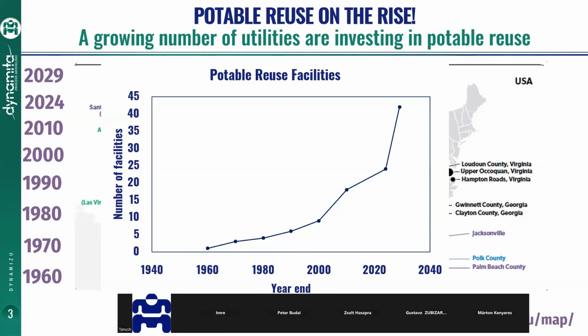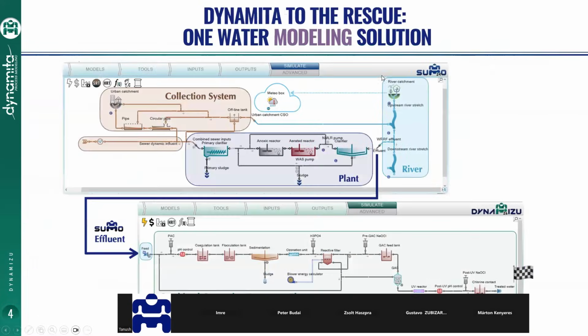Now, as the industry is growing, we need the right tools which will allow engineers to design. We need right tools which allows the operators to understand and operate the facility. And this is where DYNAMIZU comes in. So Dynamita has been developing water modeling software for a while.